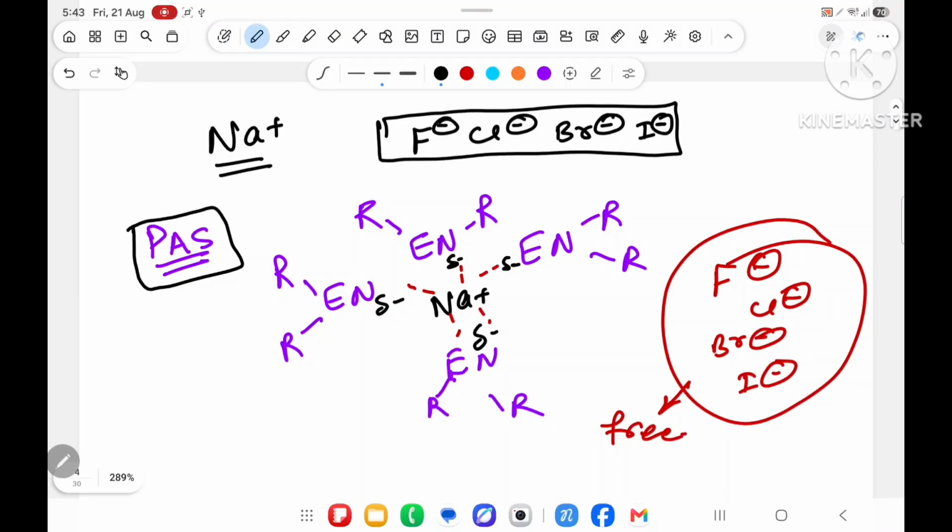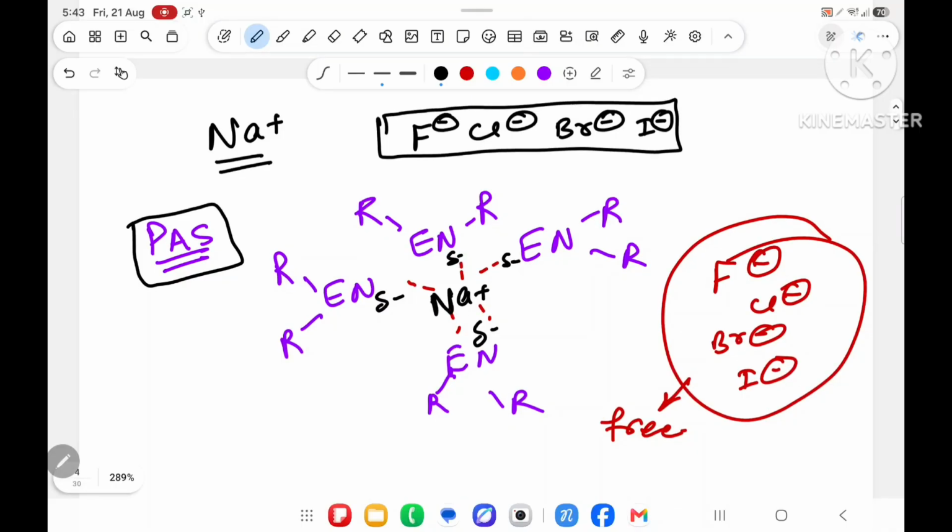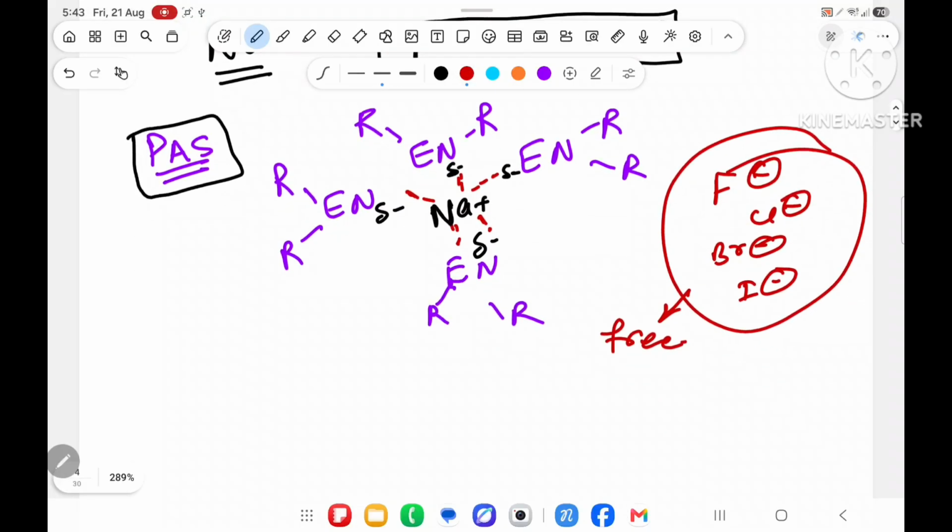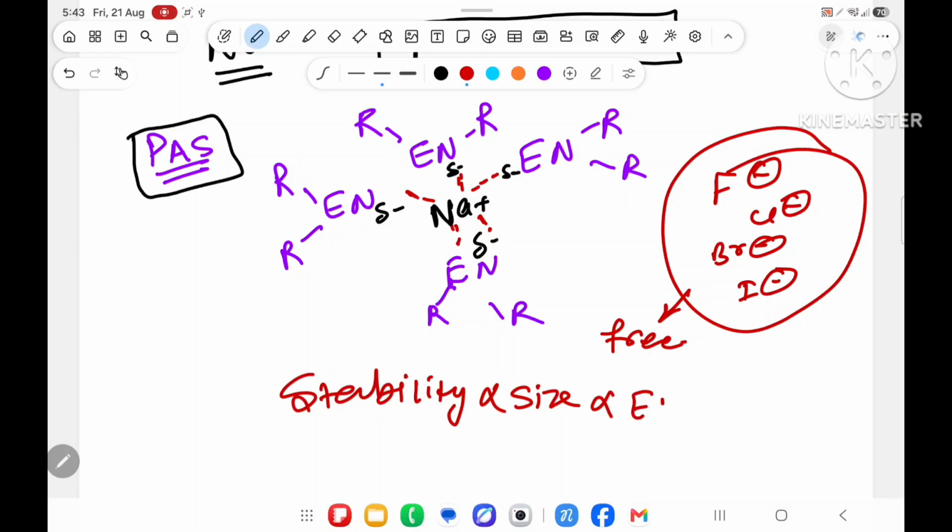Suppose I put sodium, what happened? Everything is attacking on that, and the electronegative atoms make a cage-like structure with sodium. Once it makes a cage-like structure, fluorine, chlorine, bromine, iodine are free. Which one is more stable? We know that stability is directly proportional to size and directly proportional to electronegativity.